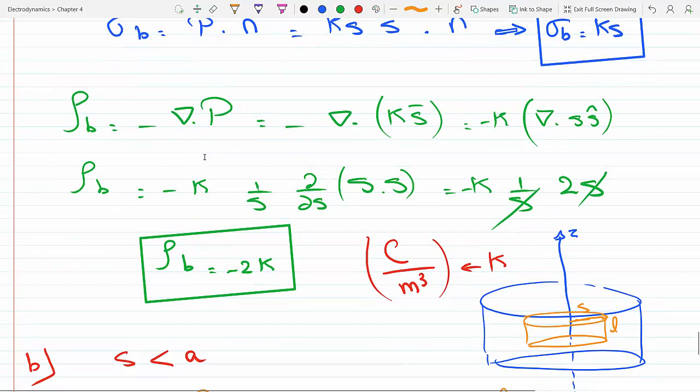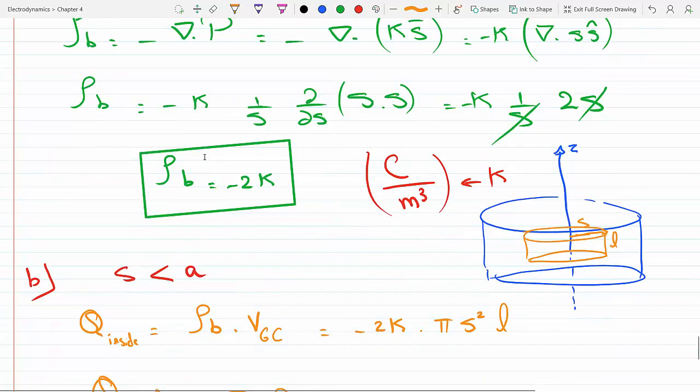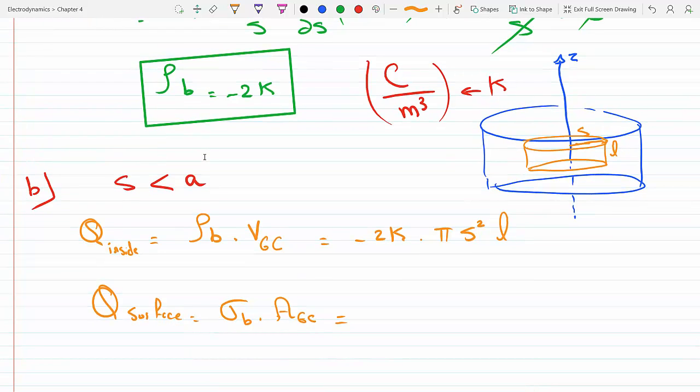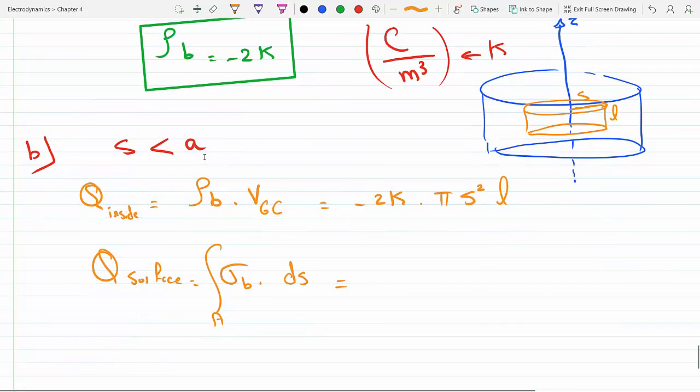The rho b is constant, so it's not depending on the distance. Here we would have to integrate over the area because it's dependent on s.